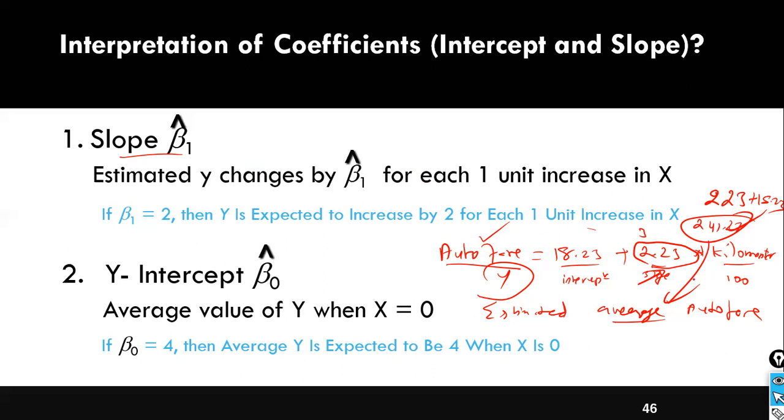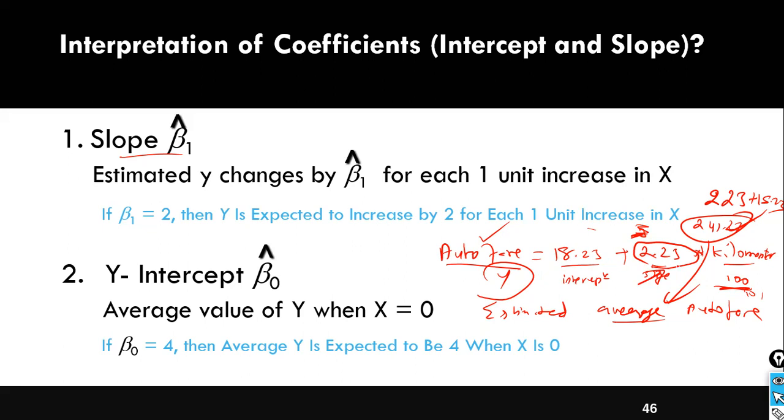For every 1 kilometer increase, there is a 3 rupees increase in your auto fare. Supposing you want to travel 100 kilometers, if I ask you what is the estimated average auto fare for 101 kilometers, what is your answer? Take 2.23.